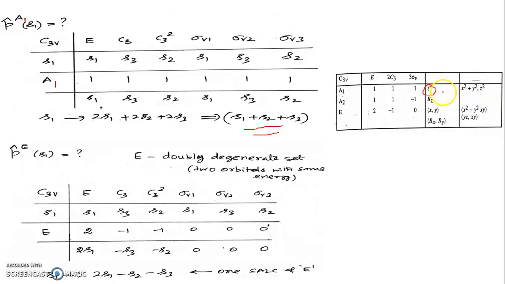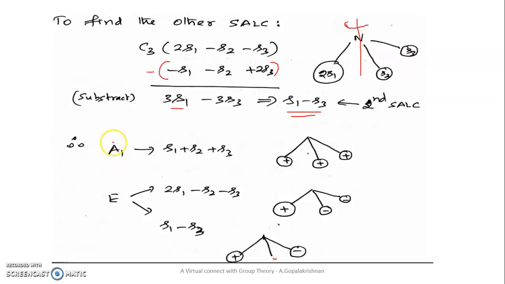Okay, 2s orbital of nitrogen. Are you able to understand? So 2s orbital of nitrogen and 2pz orbital of nitrogen have suitable symmetry to combine with the group orbital A1. So for A1 we have 2 suitable orbitals. One is 2s, the other one is 2pz.